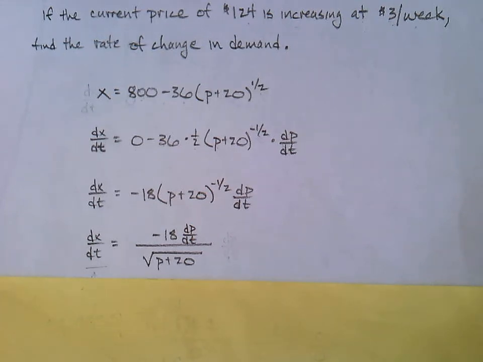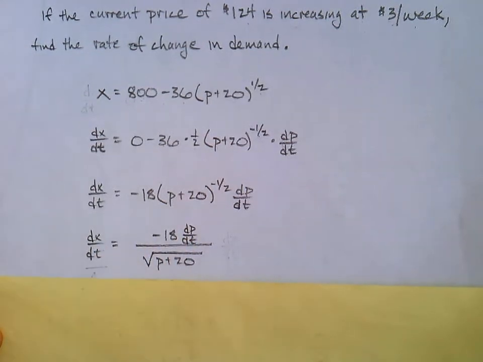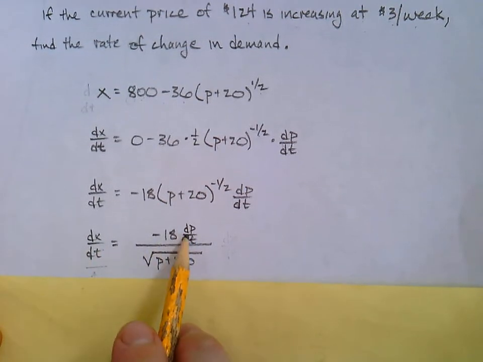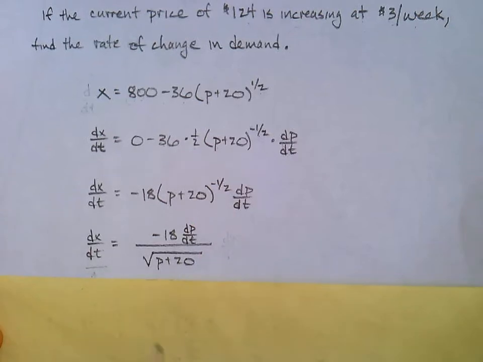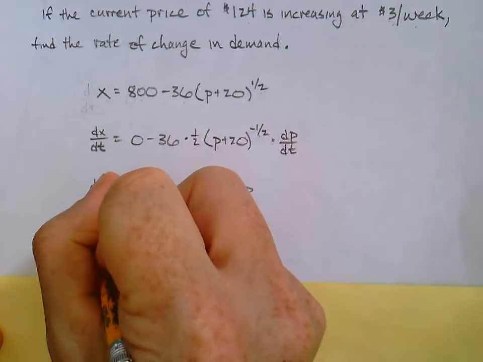Okay, once you're happy with your derivative and it's all simplified, if the current price of 124 is increasing at $3 per week, find the rate of change in demand. So we're wondering, which of the two derivatives are they asking about? They're asking for the rate of change in demand. So that is dx over dt.